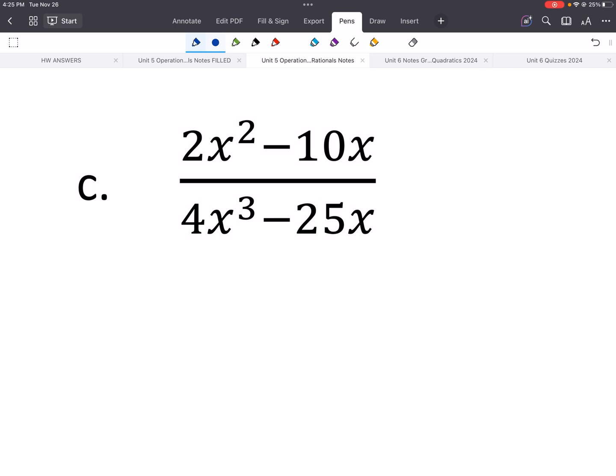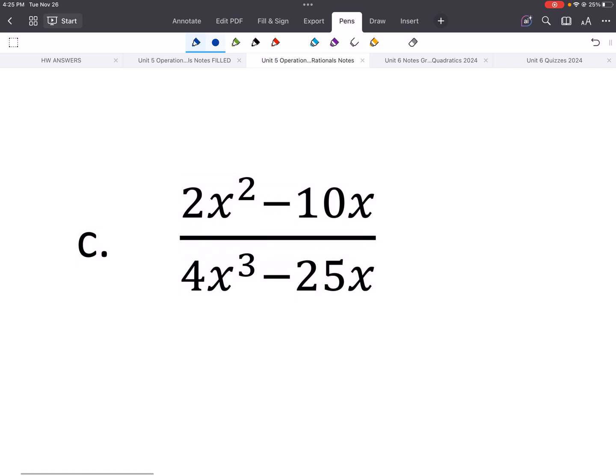Again, check for greatest common factor first, and then see if you can factor by grouping, the puzzle, right? So here it looks like we could factor out a 2x on top, so 2x. And then if we divide everything by 2x, we would get x minus 5.